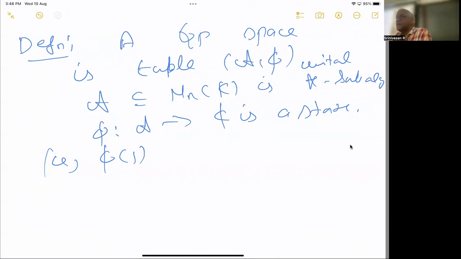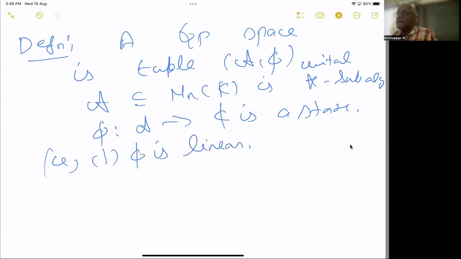So this is general. It's not a diagonal matrix algebra anymore. In the classical probability space, we embedded as diagonal matrices. Now we have a general matrix algebra, some subalgebra of Mn(C), where phi is a state. The first condition is that phi is a linear map.